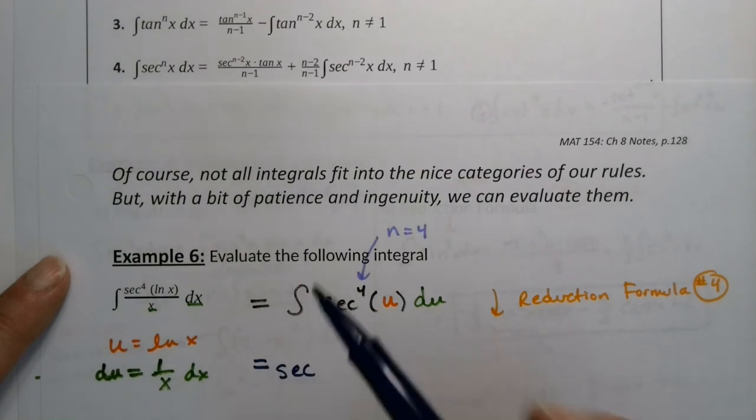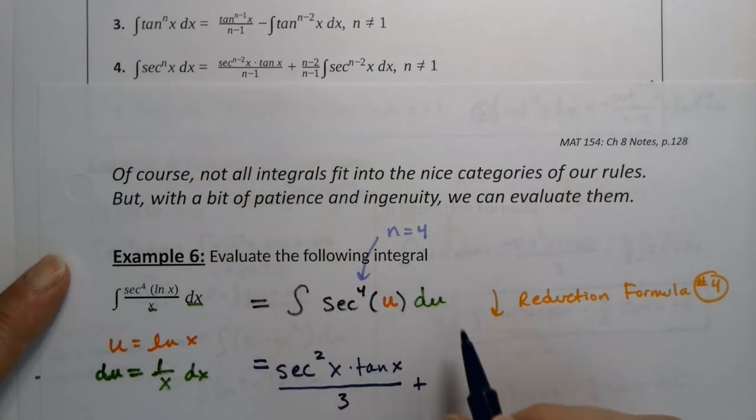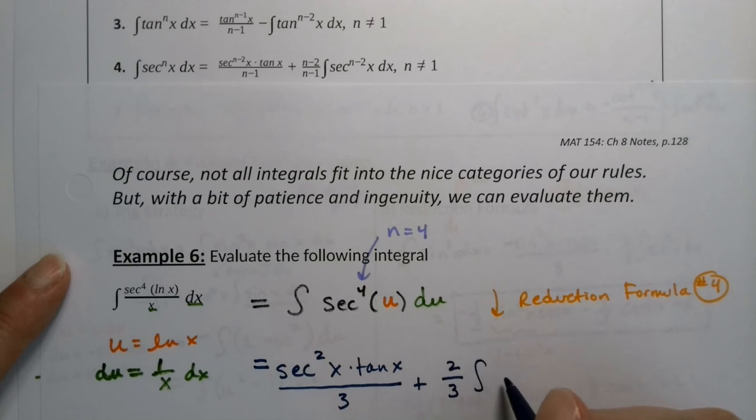So 4 take away 2 is 2. So secant squared of x times the tangent of x all over n minus 1, which is 3, plus 2/3 integral secant squared of x dx.